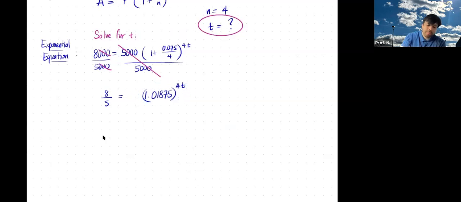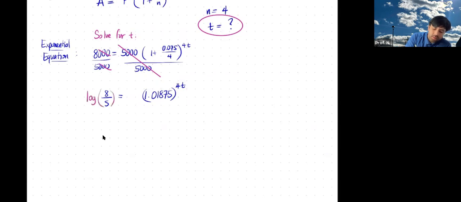Now, what do I have to apply on both sides of the equation so that I can figure out what that t value is as an exponent? I don't want the variable to be an exponent anymore. So what must I do? I must apply logs on both sides. What kind of log? Any one.